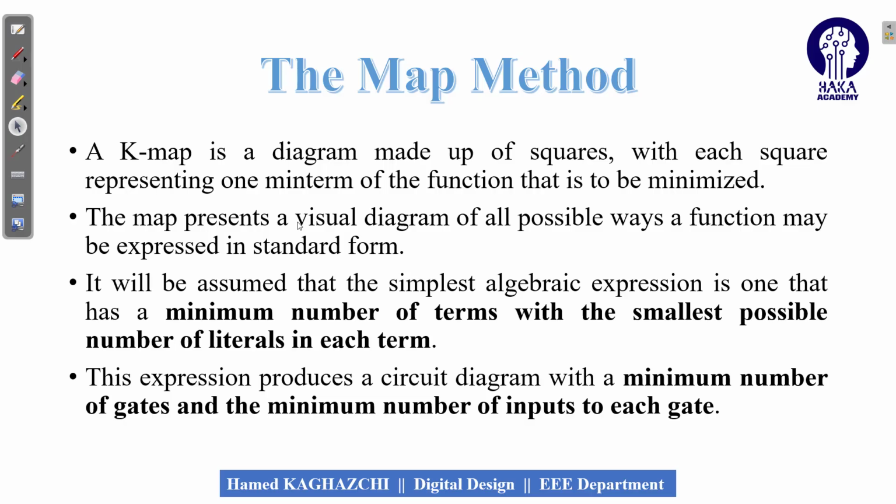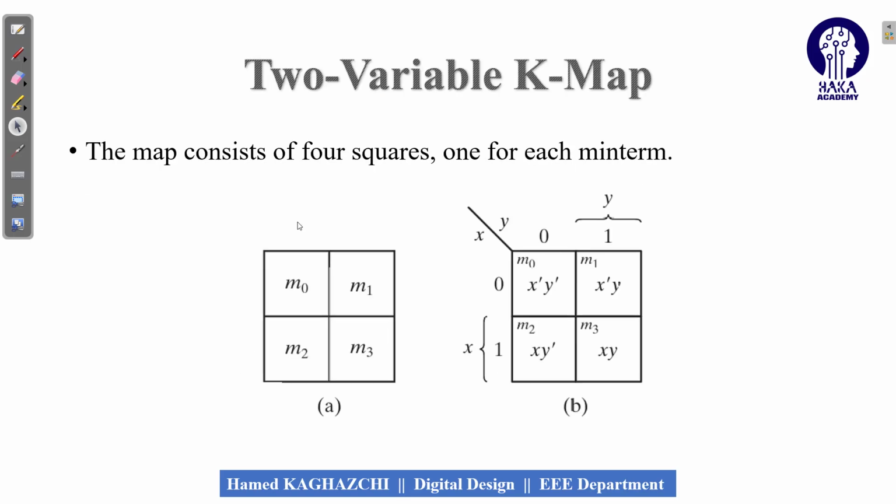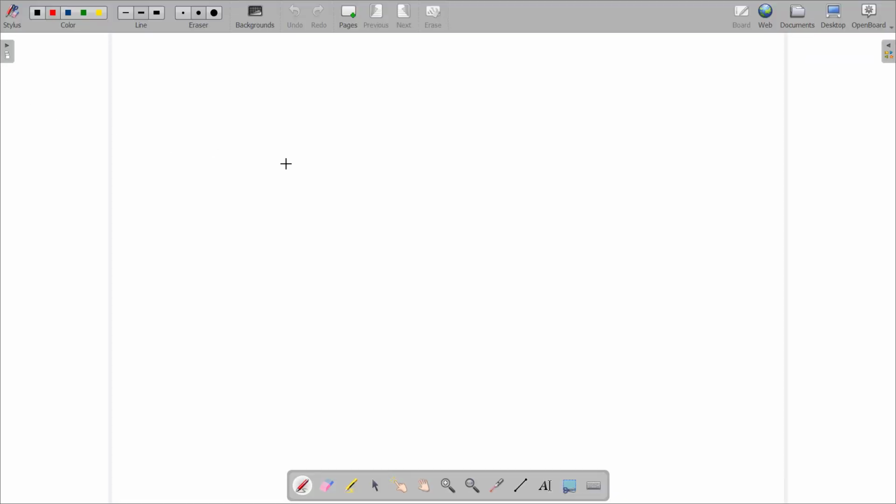So how can we do it? Let's talk about that. Suppose that we have a Boolean function with two variables, and suppose that these variables are x and y.